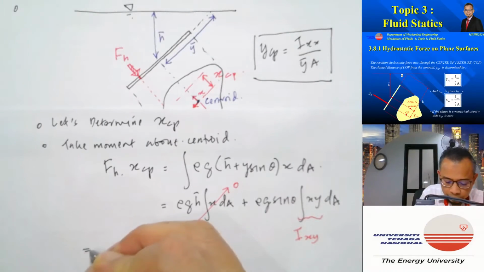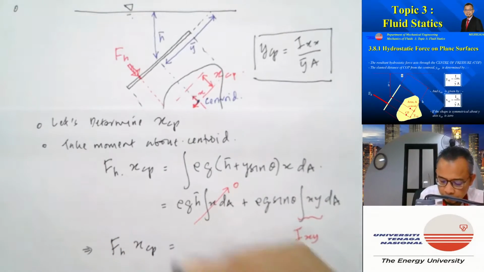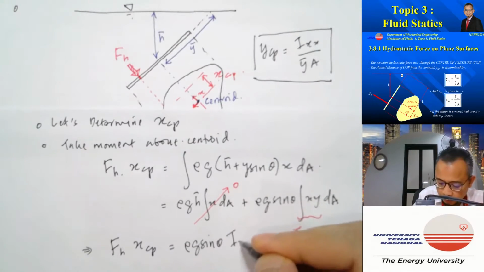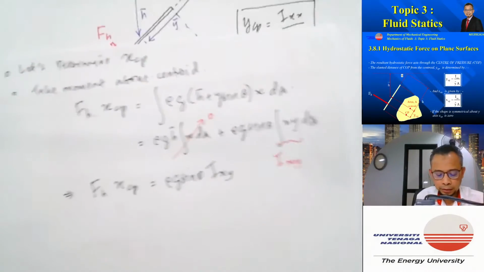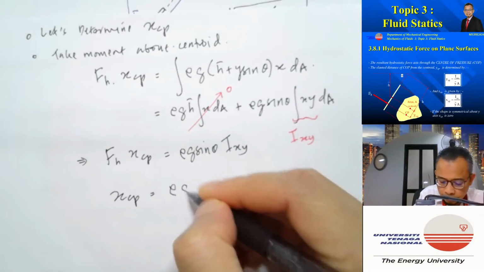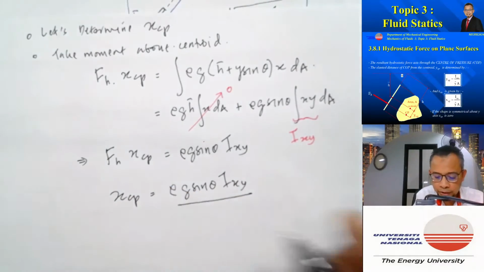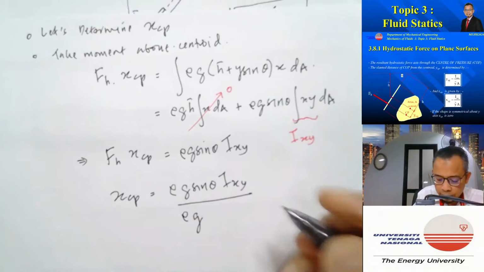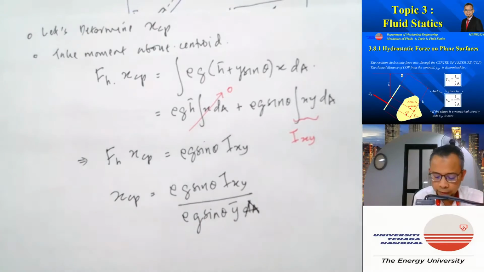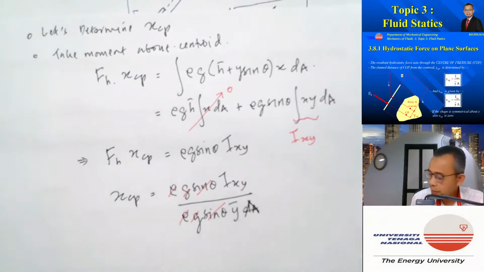So we can write FH XCP is equal to rho g sine theta Ixy, and XCP is equal to rho g sine theta Ixy over FH. So FH is rho g sine theta y bar A. So rho will cancel, g will cancel, sine theta will cancel.